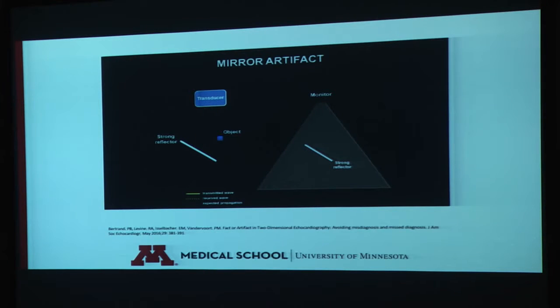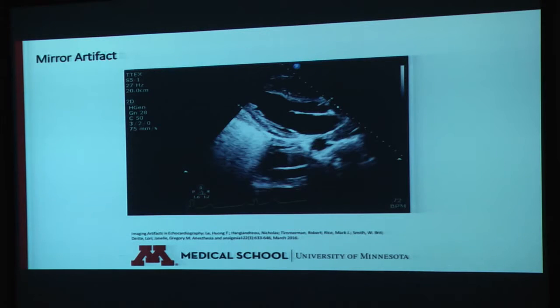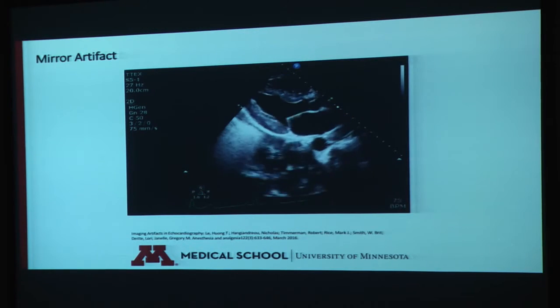The transducer in this case looks at it and thinks that it's an image coming from straight down the main ultrasound beam, and the image that is then formed is deep to the original image and lateral to the original image on the other side of the strong reflector. So this is a good example here.